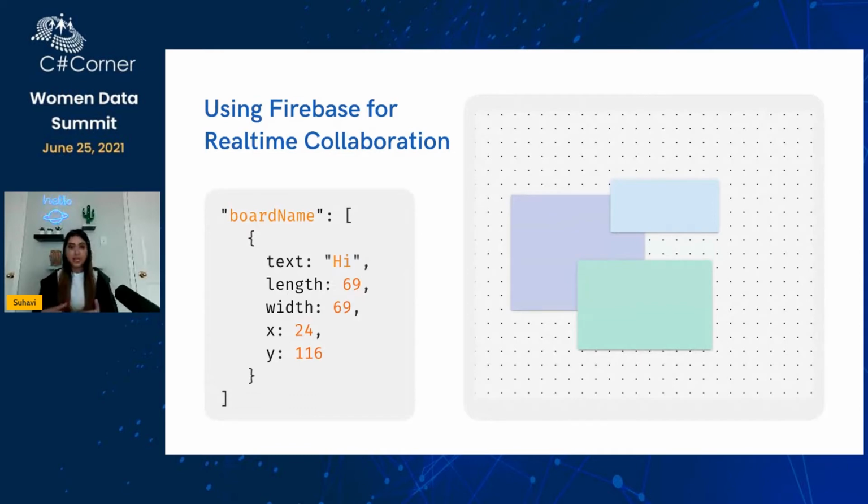And of course, we want the data to be JSON friendly for Firebase. So my proposal is that our database holds a bunch of boards that have a name. Each node has a few things: the content, the length, width, X and Y coordinates, so we know where it's going to appear. Later on, we can also add properties like the color or really anything since it's schemaless. So we get a lot of flexibility on that end.